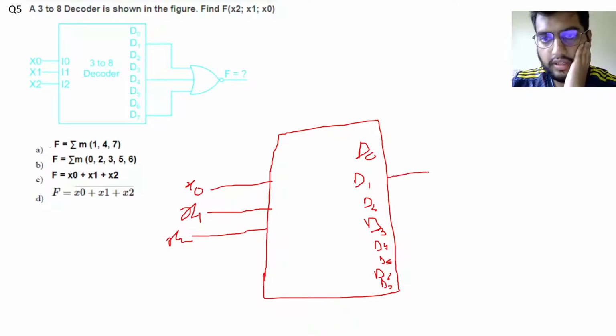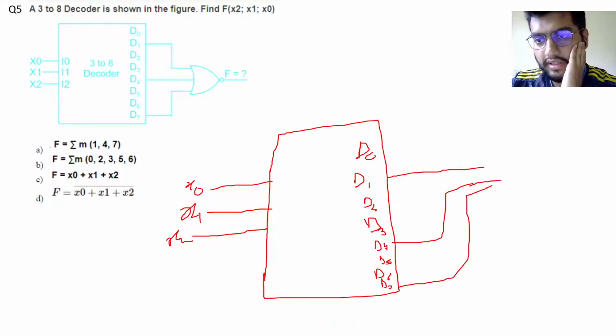So 1 is connected, 4 is connected, and 7 is connected. The reason I said it is tricky is because of this gate. Usually one has an OR gate connected here, but here the question has given us a NOR gate. So this is the tricky part here. The rest is pretty much simple.